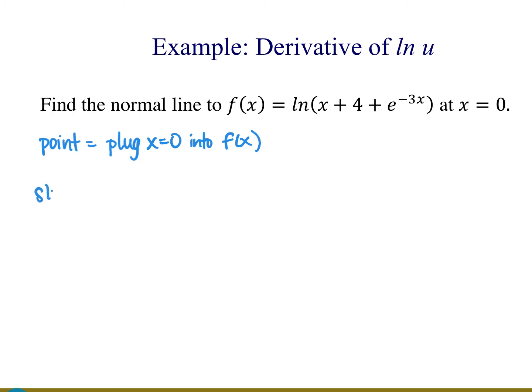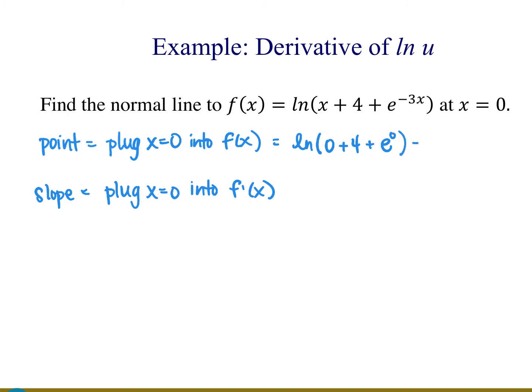And for our slope, we'll be plugging x equals 0 into f prime. So plugging into f of x first, that'll give me the natural log of 0 plus 4 plus e to the negative 3 times 0, or 1. So overall, that's natural log of 5.